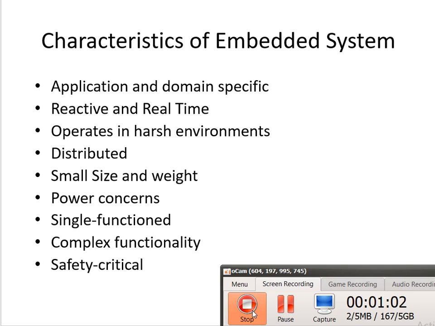Okay, the first one is application and domain specific. What does it mean really? We want to know what is related to.